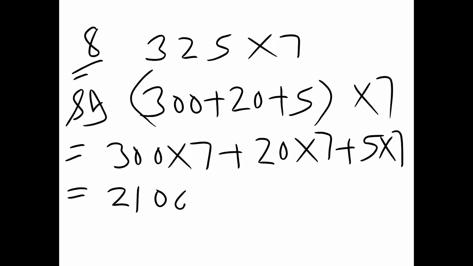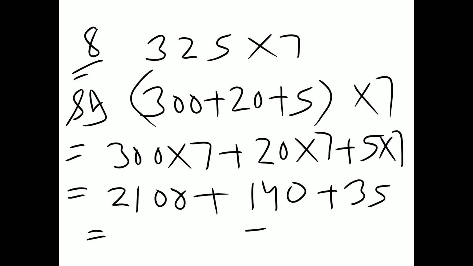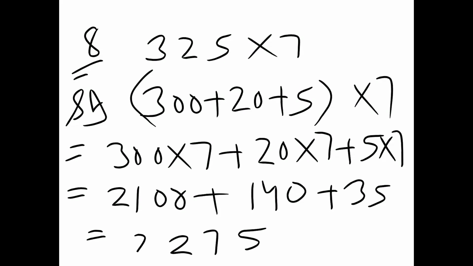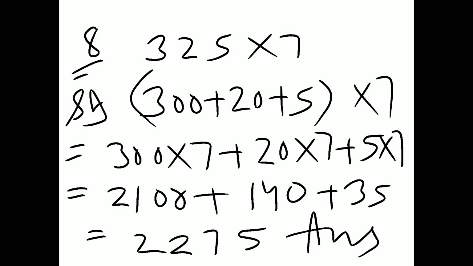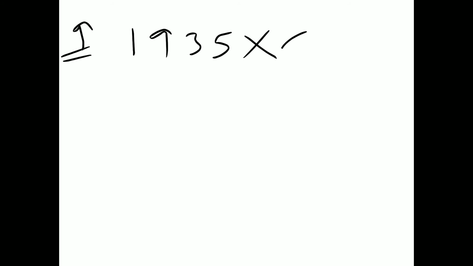With that 2 zeros come. 2 sevens are 14. 1 zero comes. 5 sevens are 35. 5, 4 plus 3, 7. 1 plus 1, 2 and answer will be 2275. Clear? All the parts are same. There is no difference. Only the number will be increased but the method will come as it is.